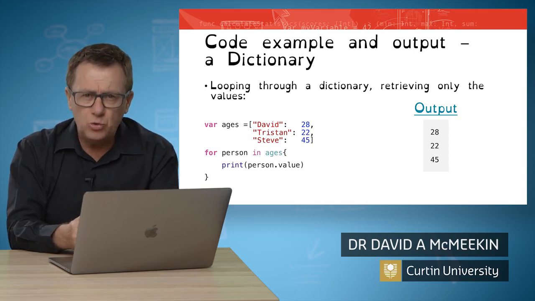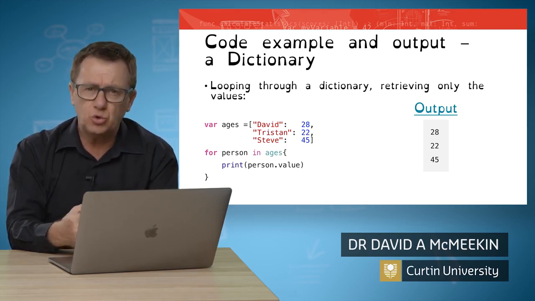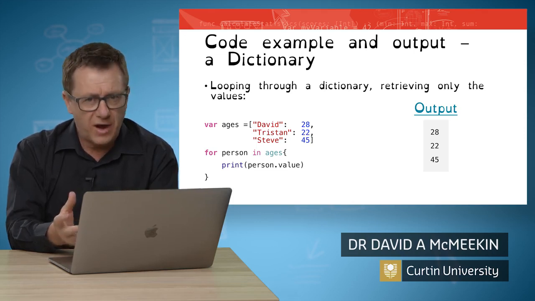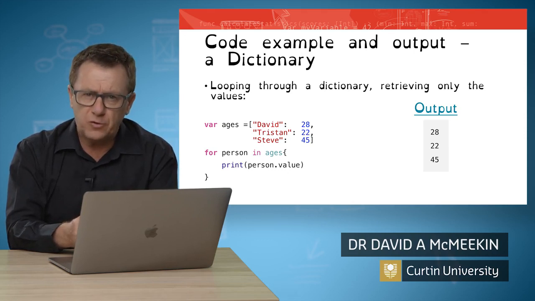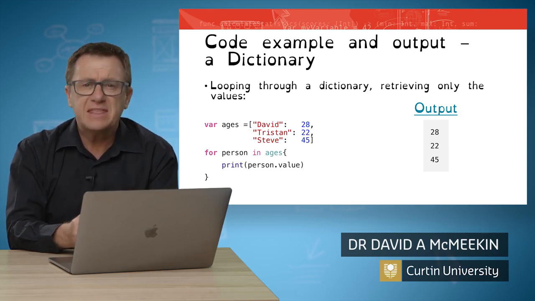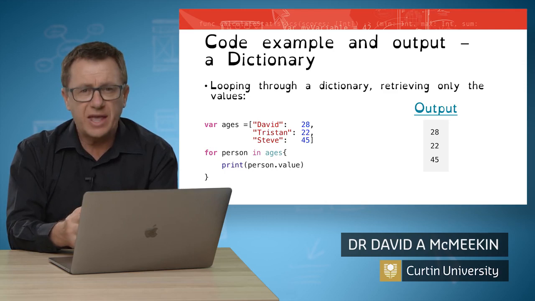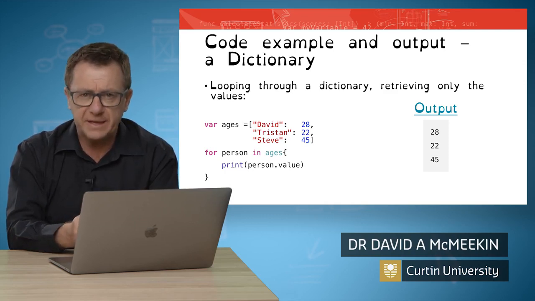So in our looping here with the for-in loops, we've been able to loop through a range, we've looped through an array, and we've looped through a dictionary. These aren't exhaustive as to what we can loop through, but for now, this is where we're going to leave our for-in loops.